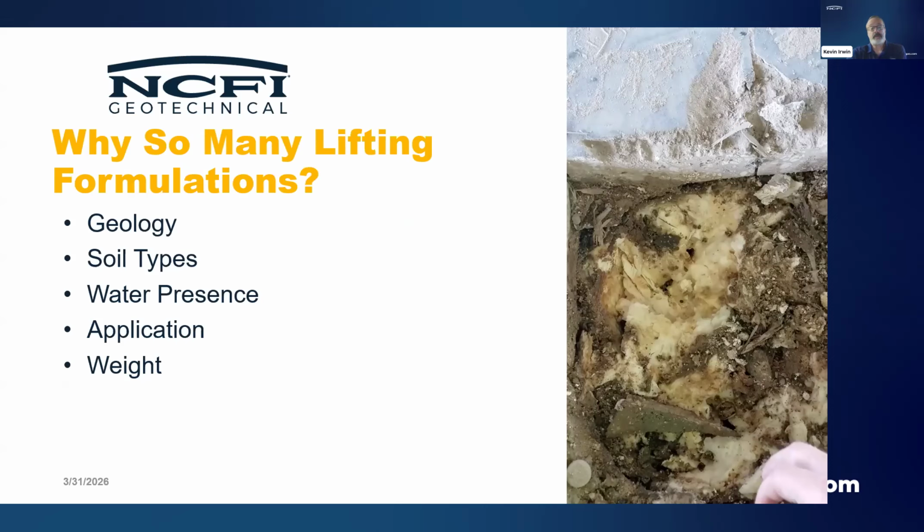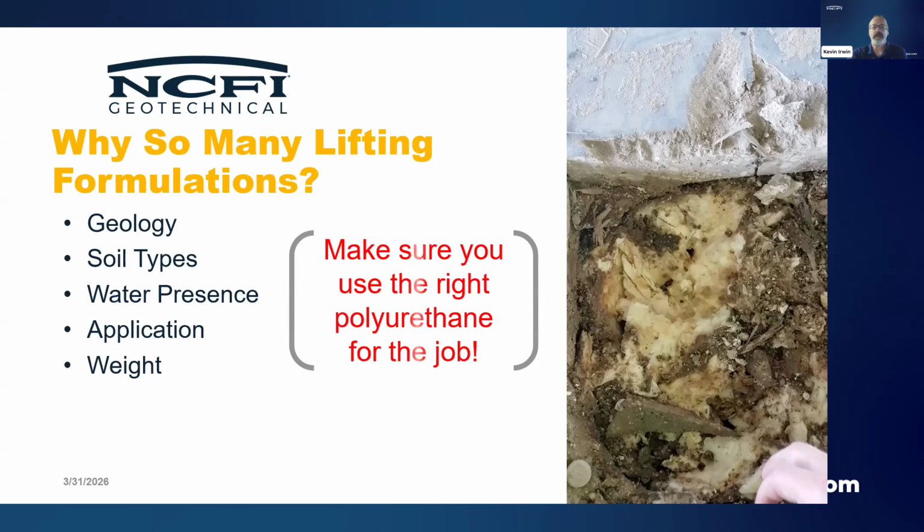I mean, where is the application? If this is somebody's front porch, or it's the truck drive lane at a Love's truck stop, you're probably going to have a different choice of foam there. So the weight as well, what kind of weight is going to be on it, undersealing, all those things are going to be choices as we look at the different lifting formulations.